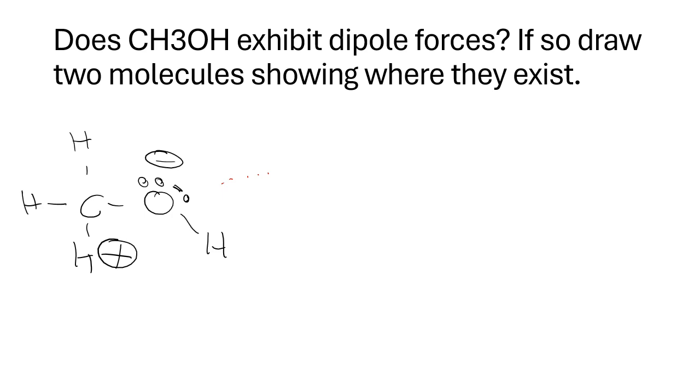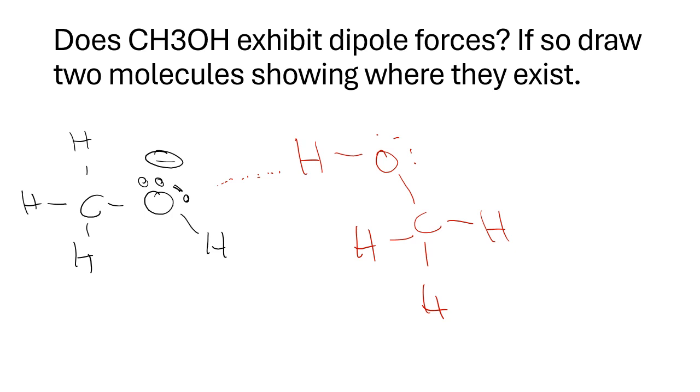So we can then assume that the positive side of methanol is going to bond with the negative side of it. And so we saw that in the lab here.